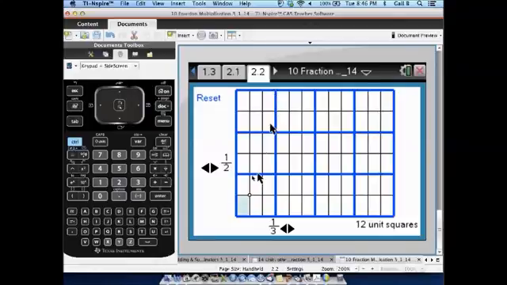This allows me to use exactly the same area model idea to model the multiplication of 2 improper fractions. So here's 4/3 times 3/2. I've measured 3/2 along one dimension and 4/3 along the other dimension. Scoring by halves and thirds breaks each of those unit squares into 6 equal parts. So I can see that each of those parts is 1/6 of a unit square, and I have a total of, looks like, 12 of them.